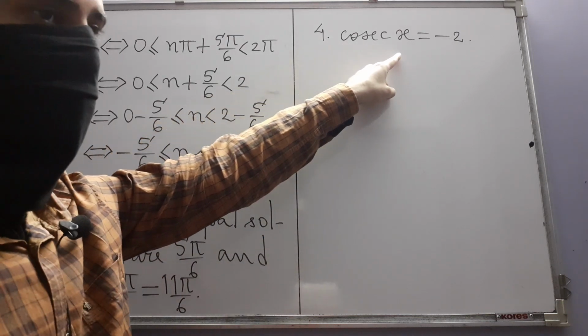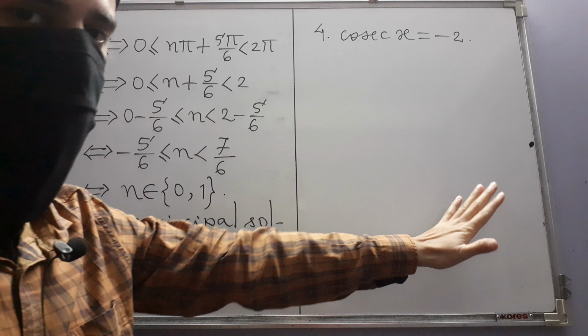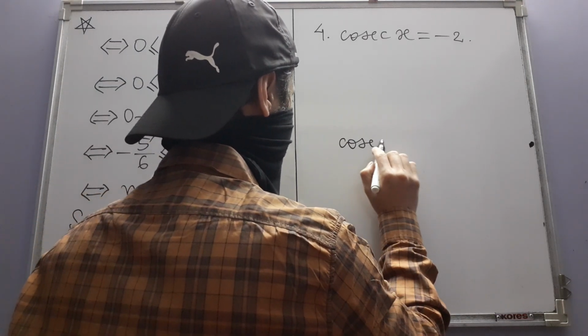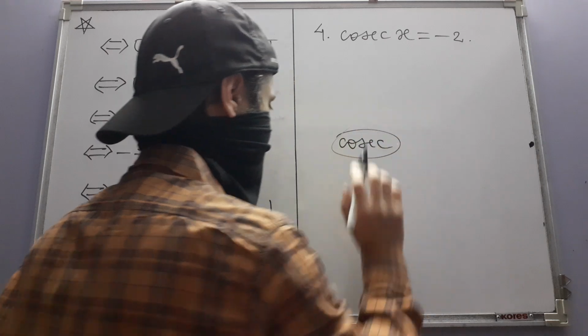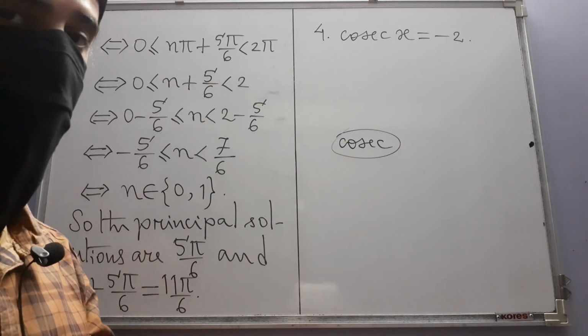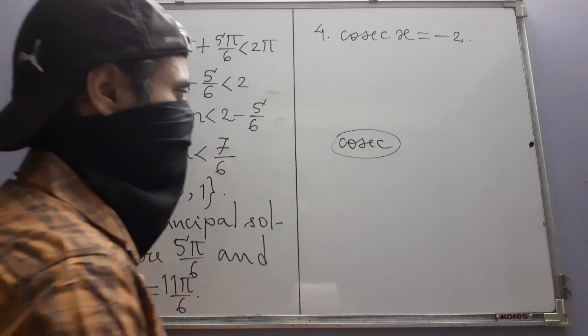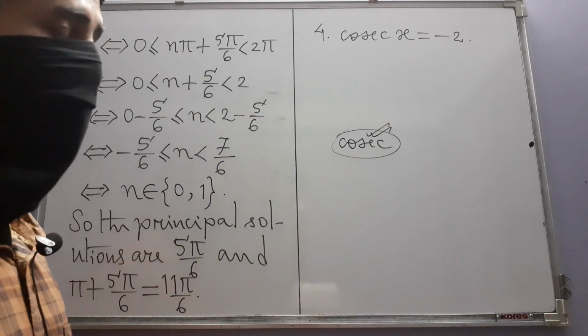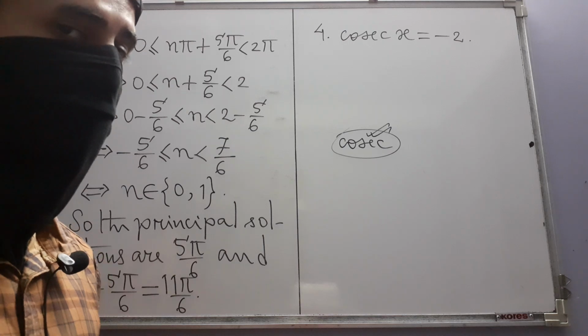This name, although the function is cosecant, this name that has been assigned to the function, that we write this when we talk about this function, is an old notation. It's not used anymore.